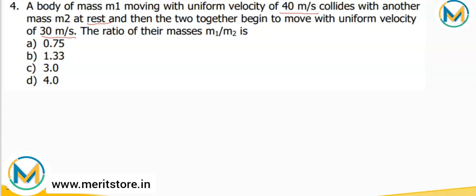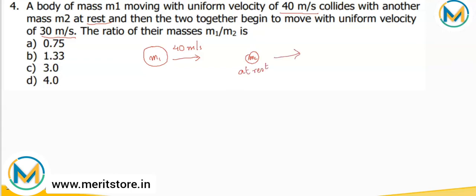So here there's one body of mass m1 moving with a speed of 40 meter per second, and there is one body of mass m2 which is at rest.